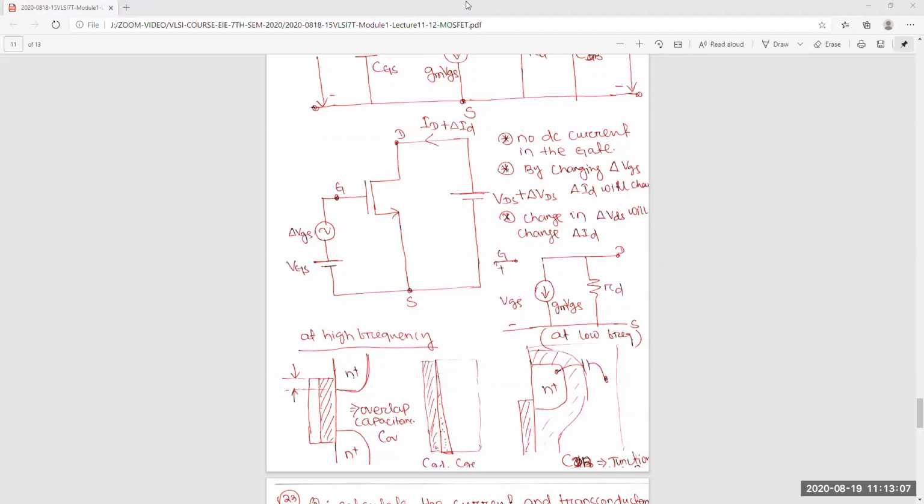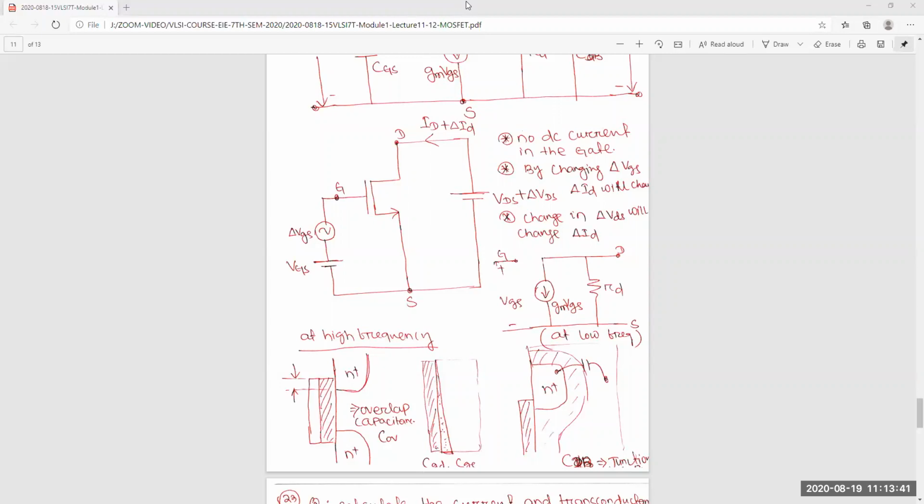Yes, sir, clear. Soumya? Yes, sir. Susri? Yes, sir. Swapnanjali?